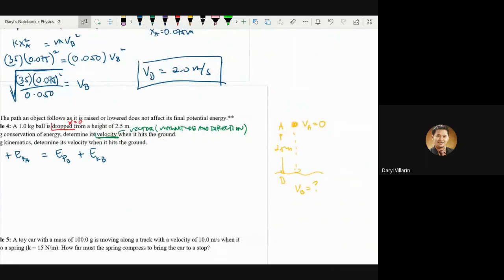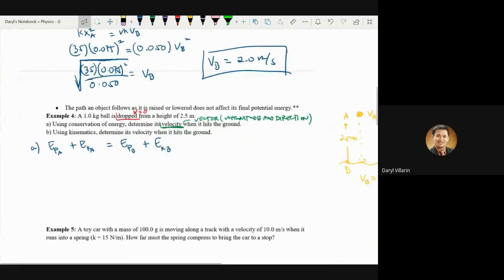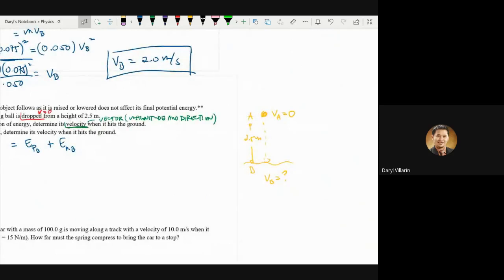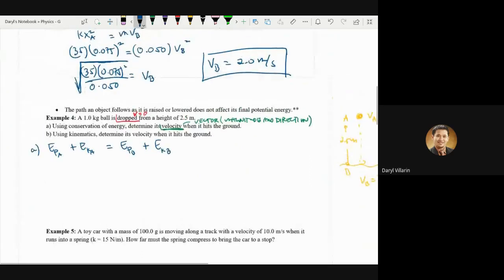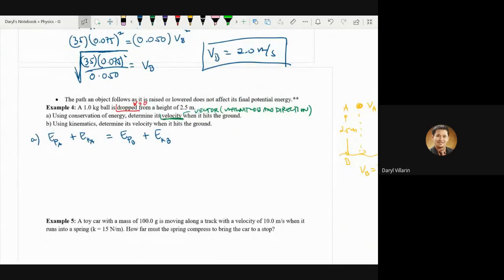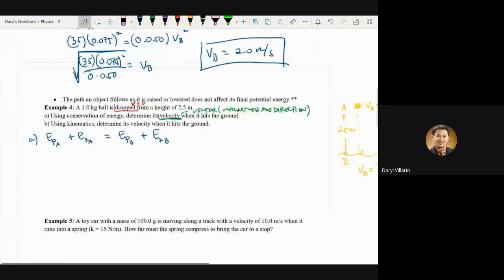Again, A in this particular case is a particular height. So h_A is equal to 2.5 meters. h_B would be 0 meters because I set my h_A as 2.5, therefore at the bottom it becomes 0.